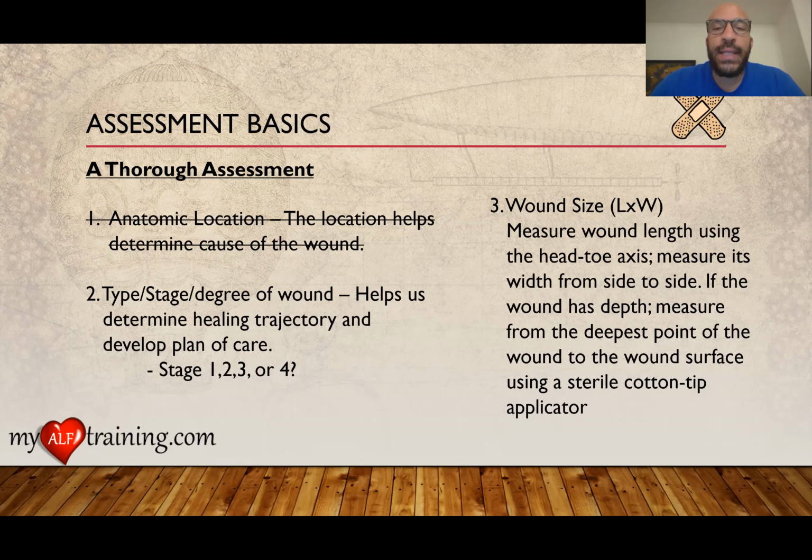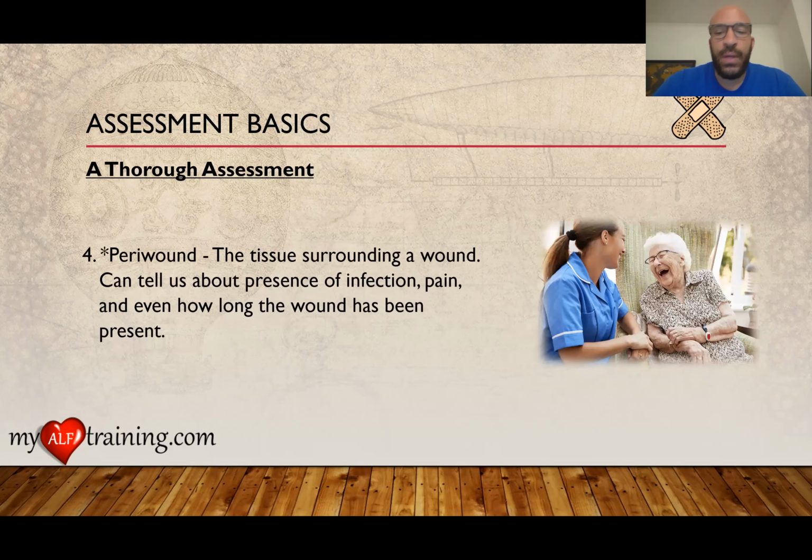So we want to know the anatomic location. We talked about that. And now we're going to get more in depth about our different stages of a wound. And I also left this here because, as I said before, part four, or just the asterisk, not a key component of a thorough assessment, but I definitely want to include it here, is the peri-wound, the surrounding skin.